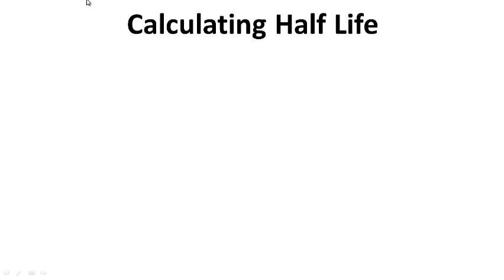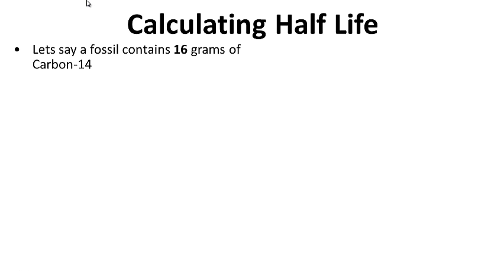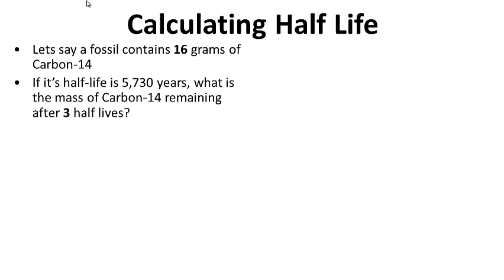All right, so calculating half-life. Let's say a fossil contains 16 grams of carbon-14. If its half-life is 5,730 years, what is the mass of carbon-14 remaining after 3 half-lives?